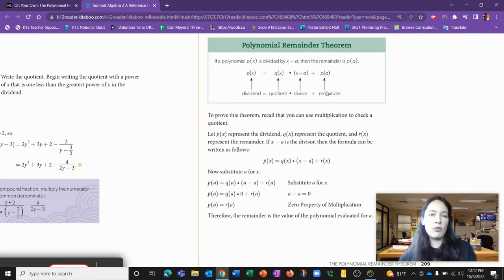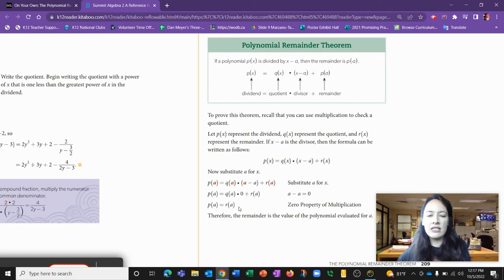That's what would be the remainder. The remainder would be equal to that. So this is really useful with complicated polynomials when sometimes actually dividing by x minus a is easier to solve than substituting an a. There's other reasons too, but for right now, that's kind of the big idea.